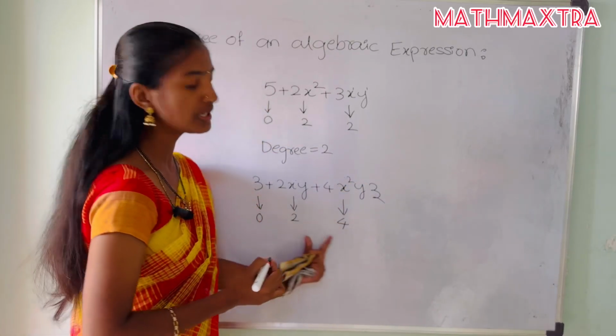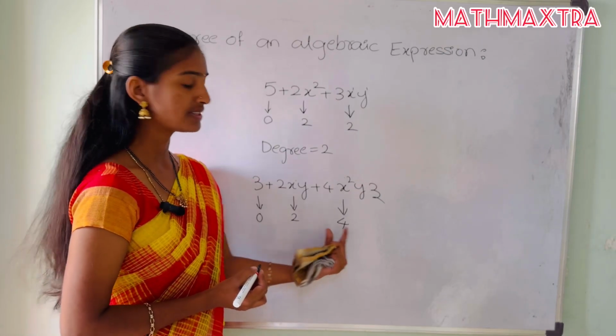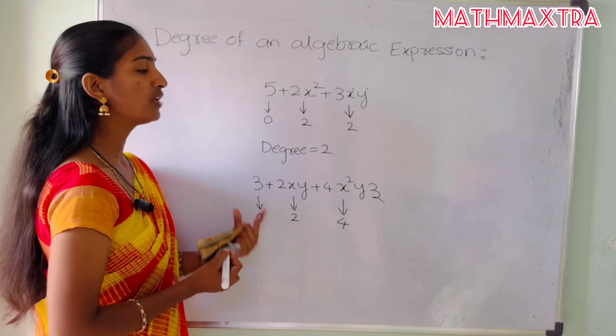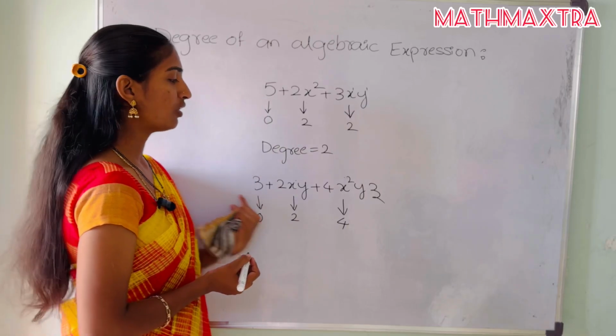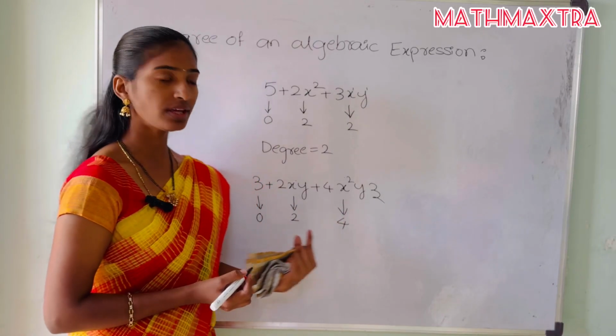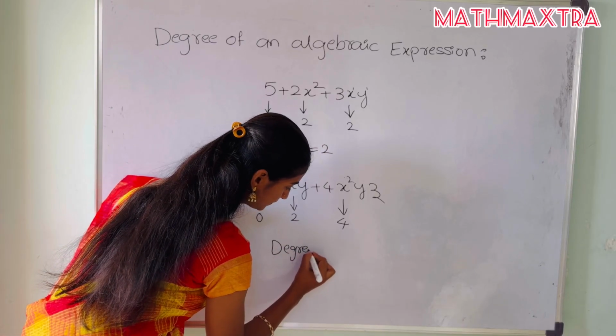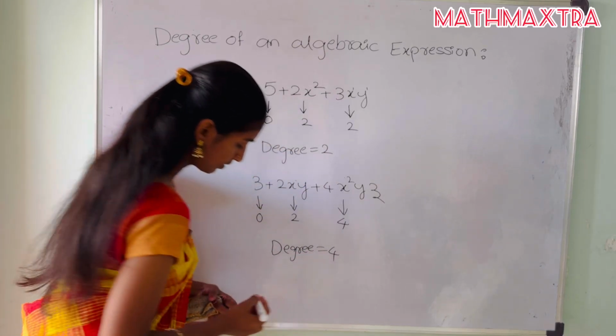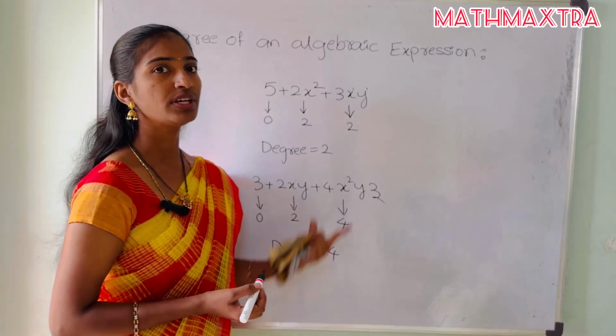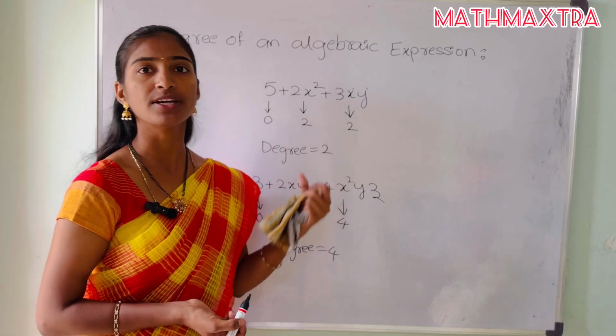Among all these, what is the highest degree? 4 is the highest degree. That is why we call 4 the degree of this total expression. So the degree is 4 in this case. This is how we can define the degree of an algebraic expression.